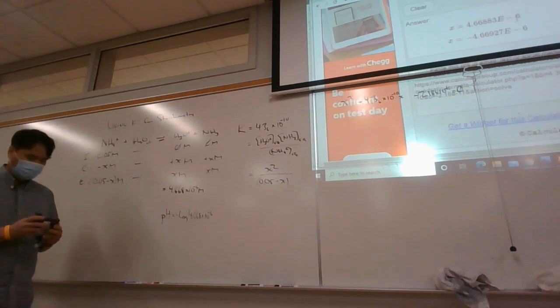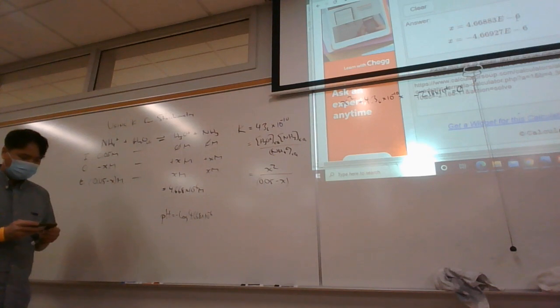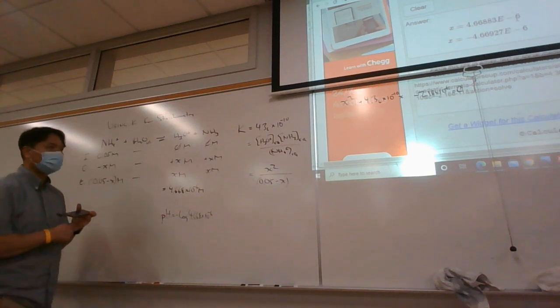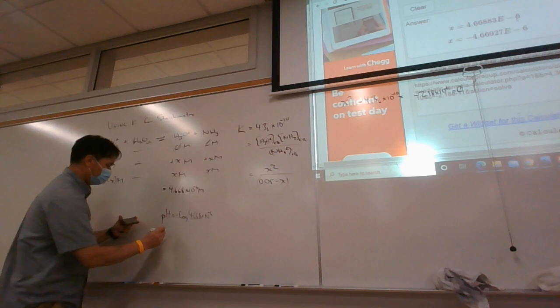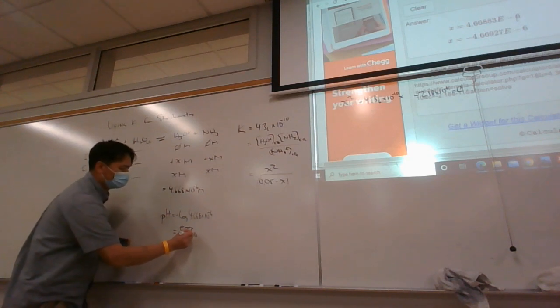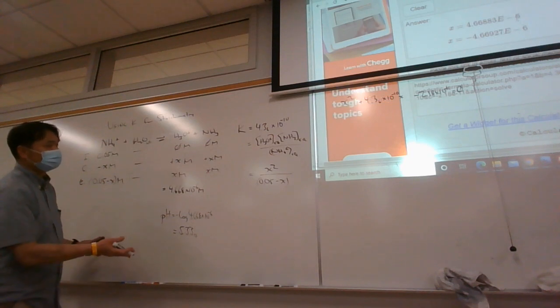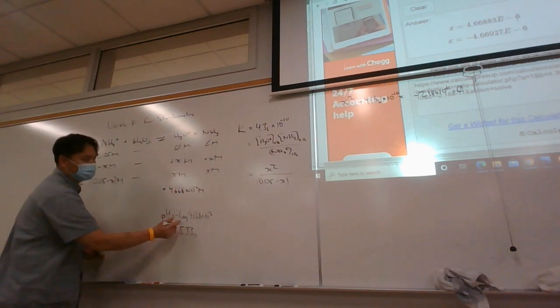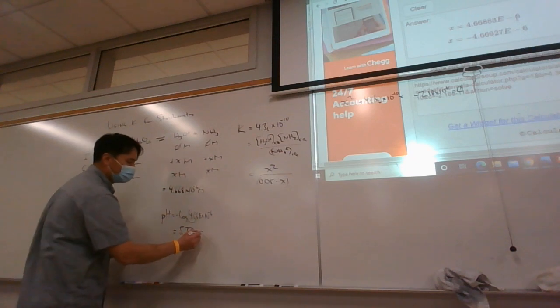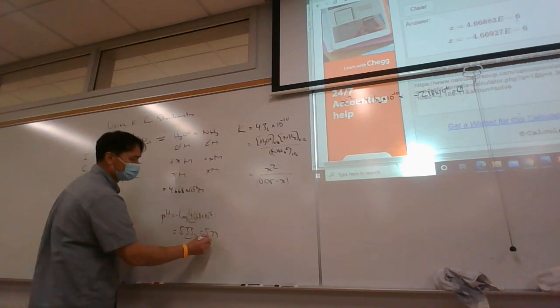Take the log of that and then change the sign. So I get a pH of 5.330. How many sig figs are we allowed? We're only allowed 2 sig figs here. And so the pH is 5.33, which would be 2 sig figs.